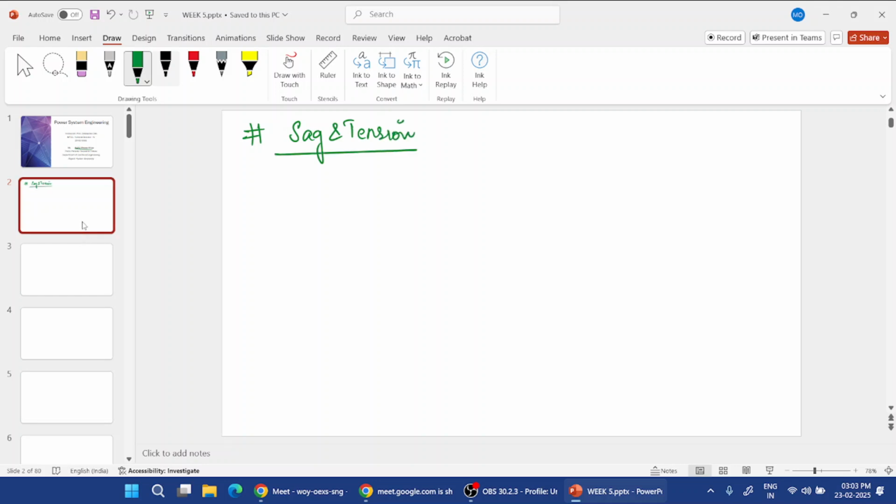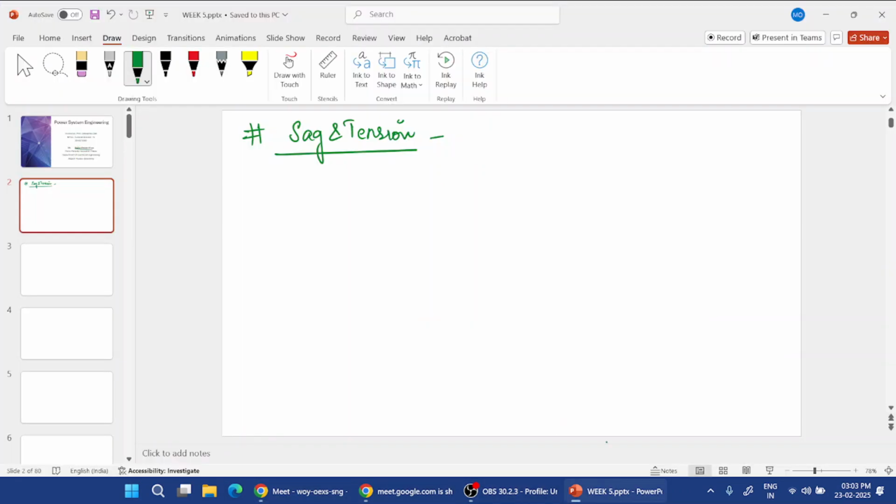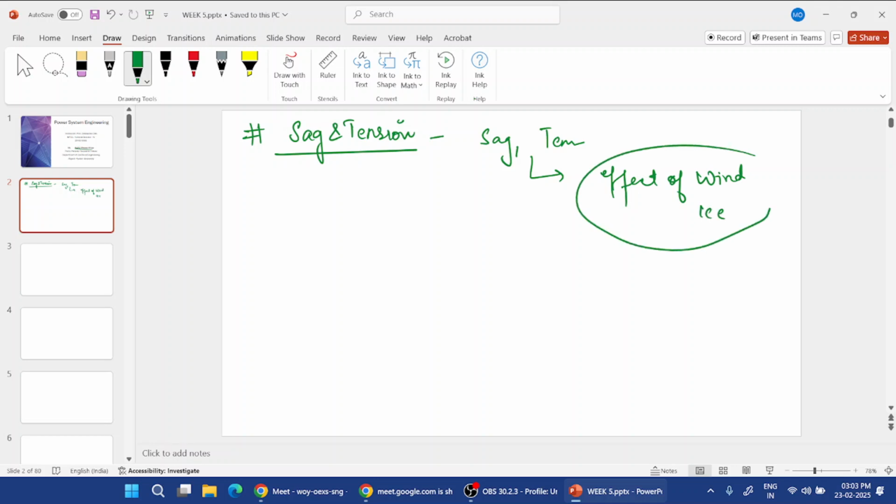I hope I'm audible to you all. If not, then you can write in the chat box. We are going to discuss how we can calculate the sag and tension, and also the effect of wind and ice on the sag and tension calculation.